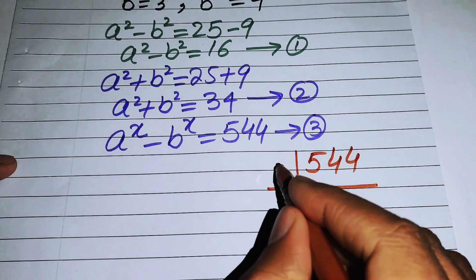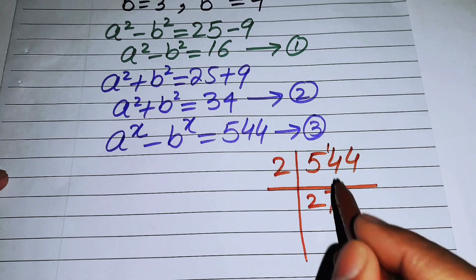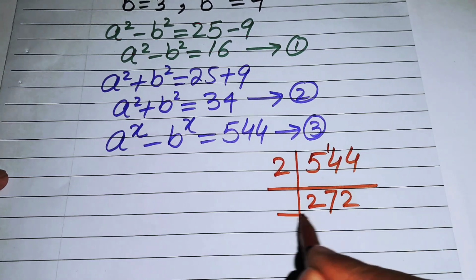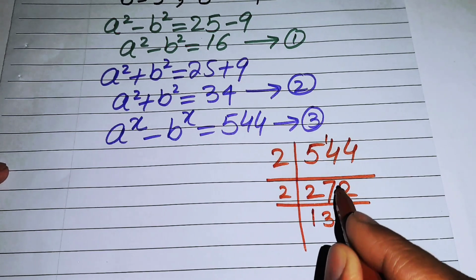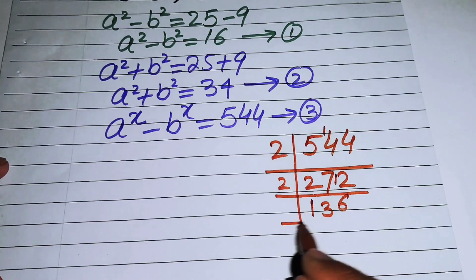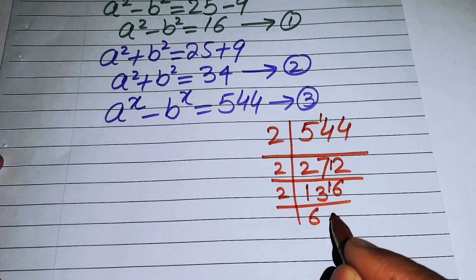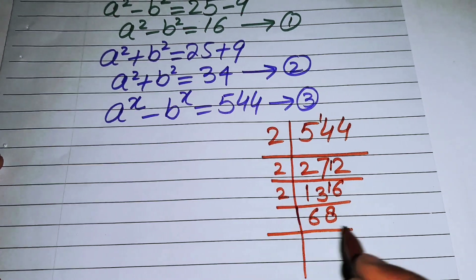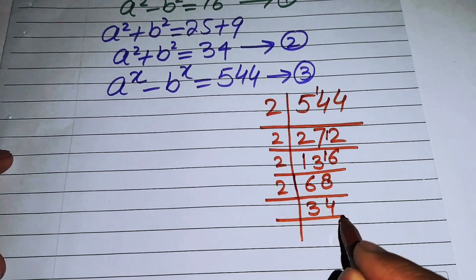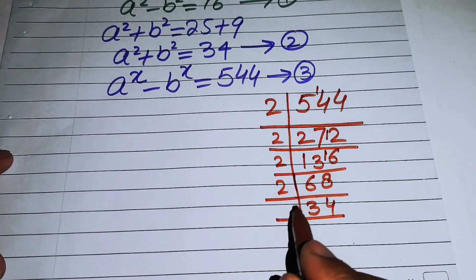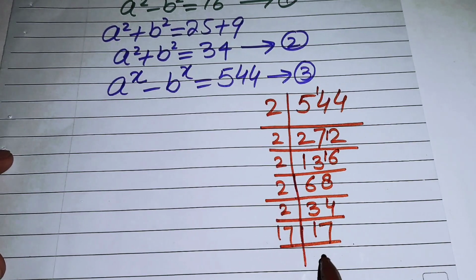We first divide it by 2, and then divide by 2 again, and again by 2, and again by 2, and in the next step we divide again by 2, and you get 17, and 17 ones are 17.